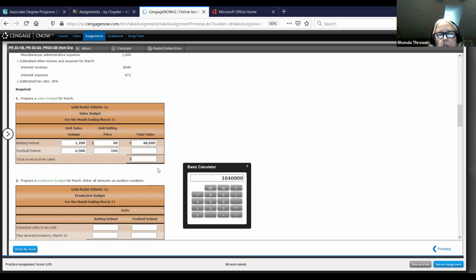Okay, so 1,040,000 is the total amount of sales dollars that we are expecting for the football helmets. We're going to add the two of these together to get the total revenue from the sales.